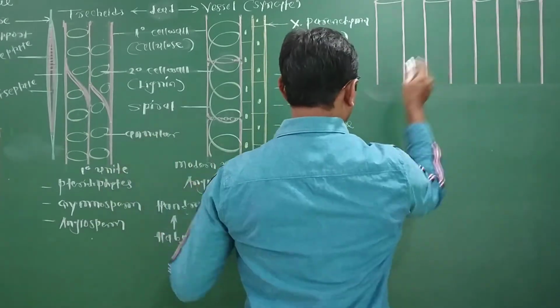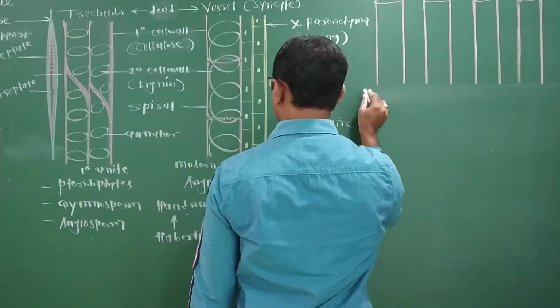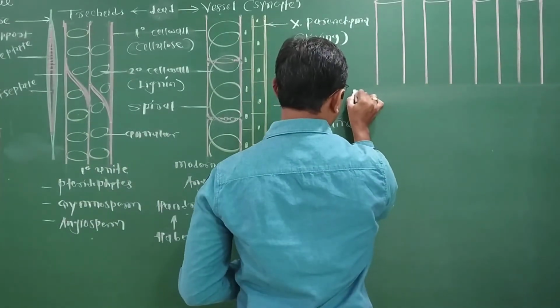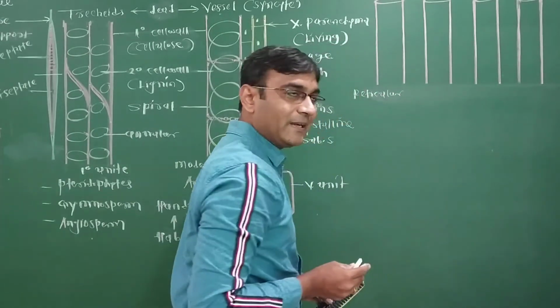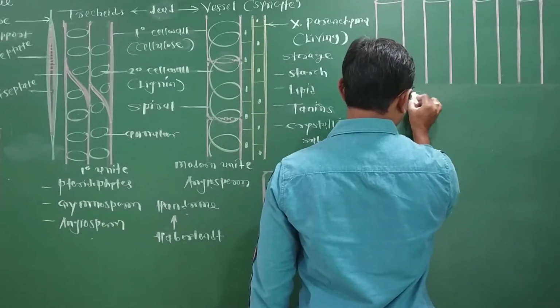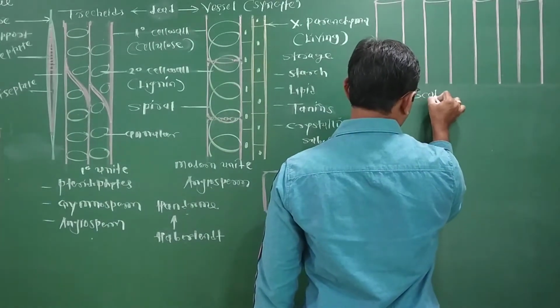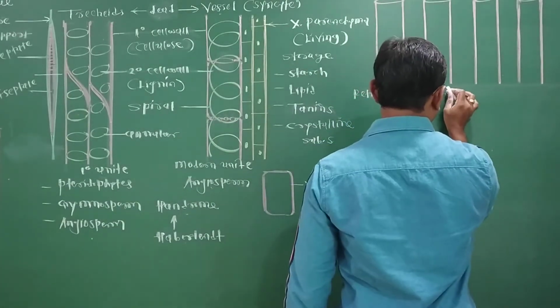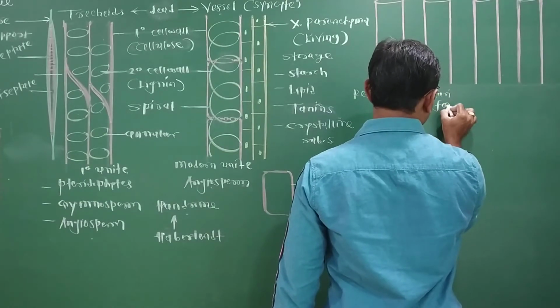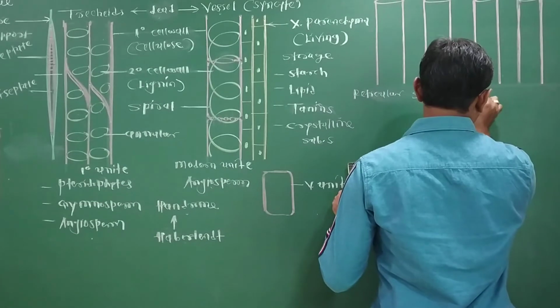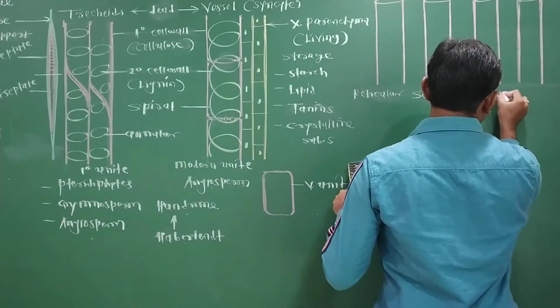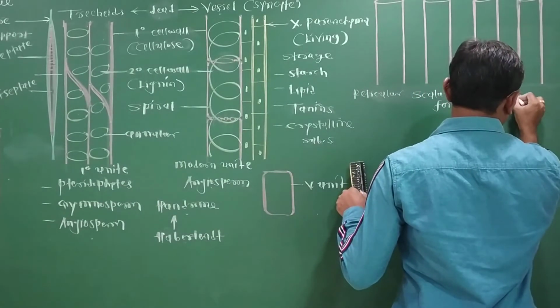Annular and spiral are already drawn. Here we draw the reticular pattern, meaning network pattern, and here the scalariform, meaning step by step. Then here pitted, and here bordered pitted.